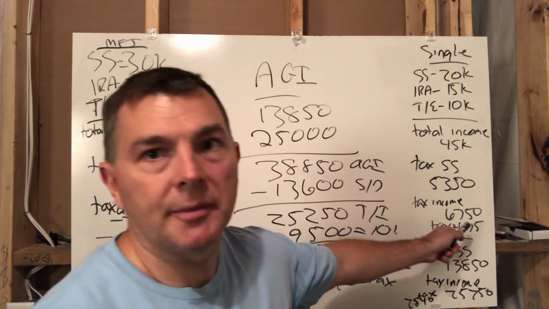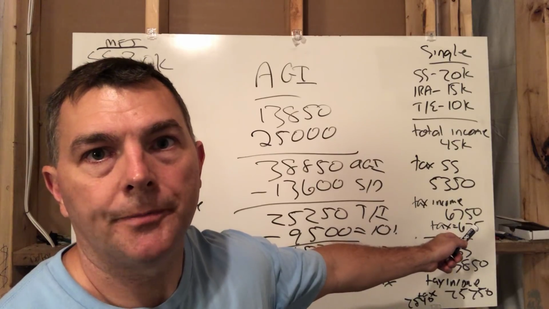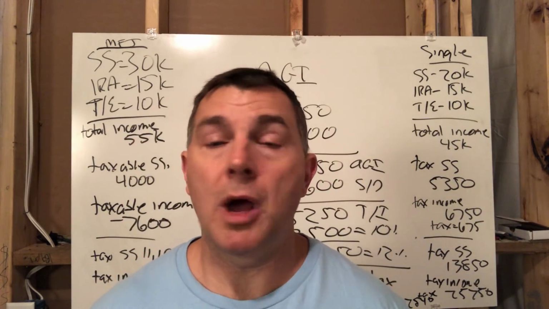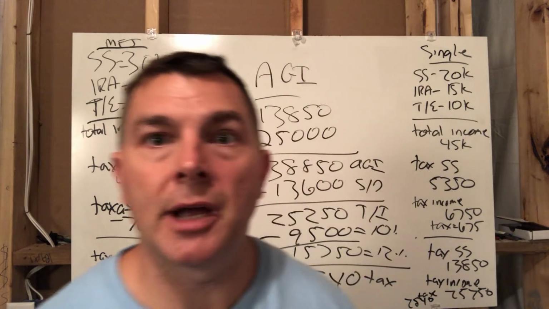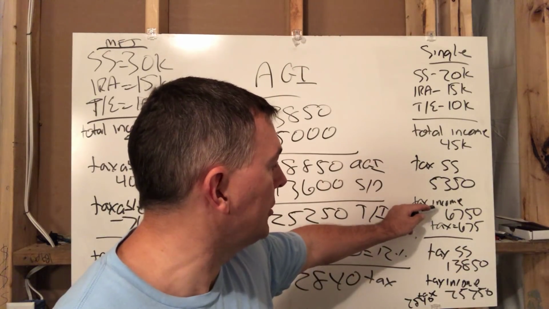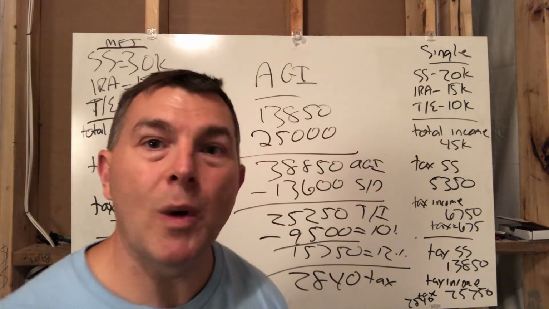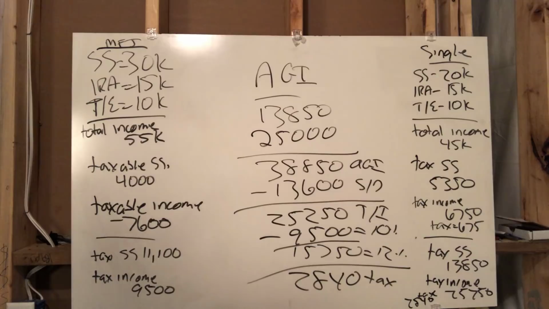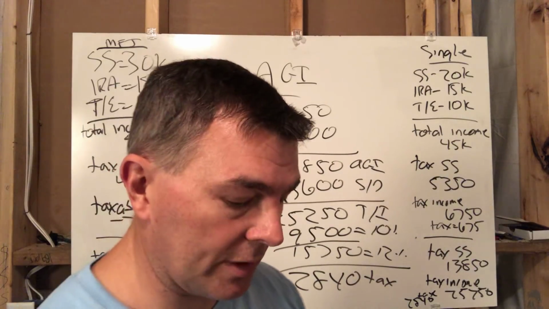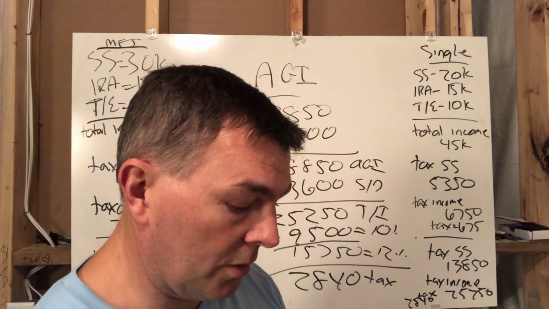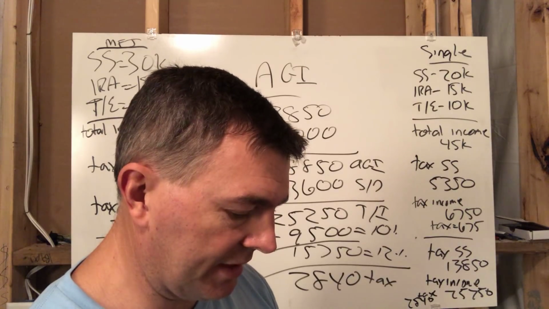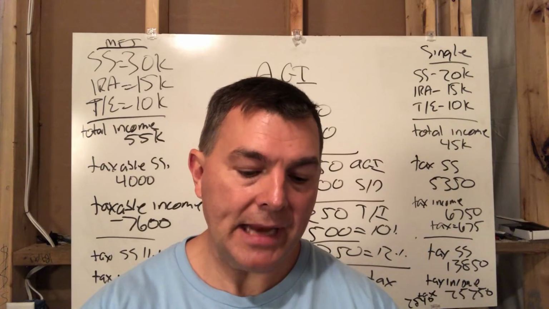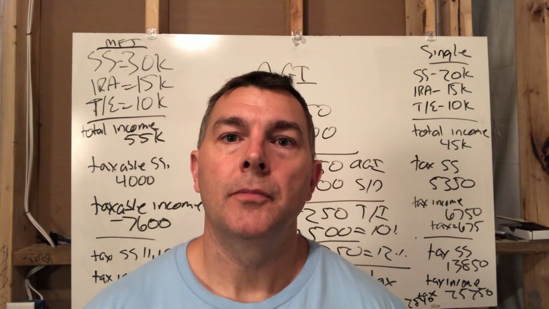We had taxable income of $6,750. We took a $10,000 additional IRA distribution, regardless of whether it's a Roth or anything else. Our taxable income went from $6,750 to $25,250. That's freaking insane. 25,250 minus 6,750, it went up by $18,500.